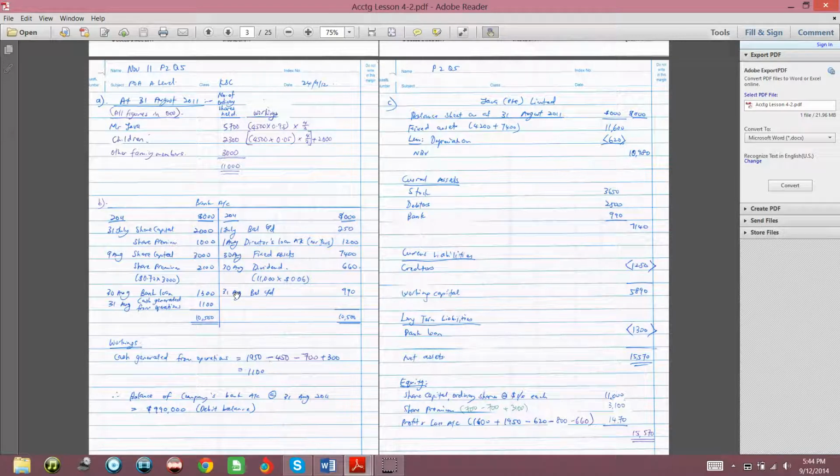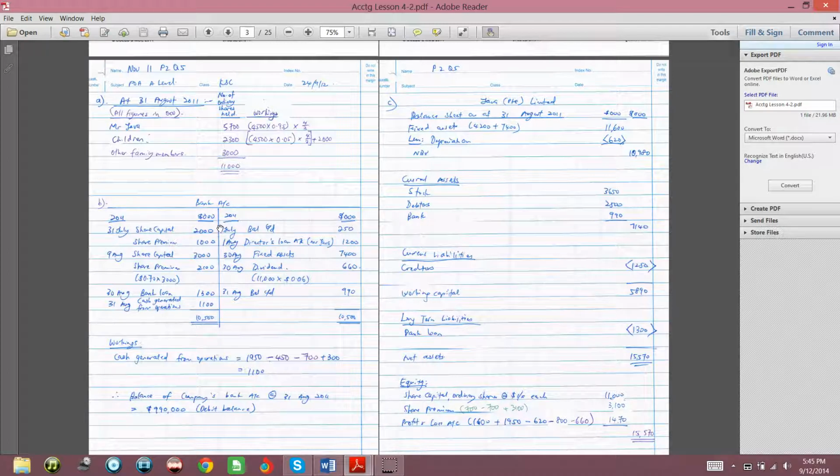So now we got to see additional information number 1, 1 July, Java's wife left the company. So you must be mindful. This is the company bank account. As stated in the question, calculate the balance of the company bank account. So additional information says 1 July 2011, Java's wife left the company.